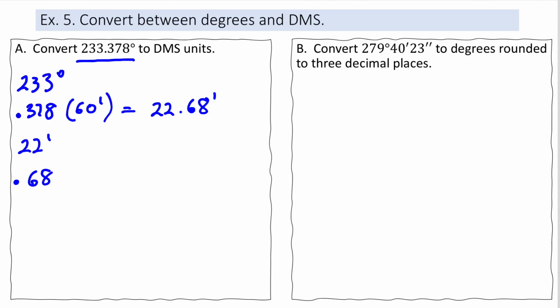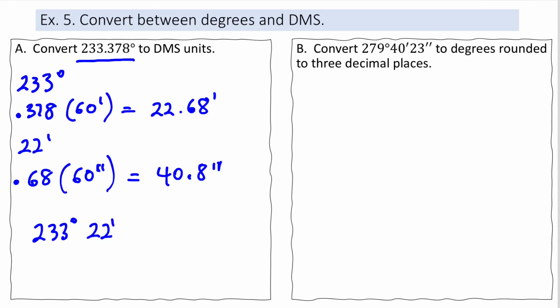So I'm going to multiply that by 60 seconds, and I'll get 40.8 seconds. Now I put it all together. I've got my D part, that's my degrees, my M, that's my whole minutes, and then 40.8, that's your seconds. So we just leave that 0.8 on there because we don't get any smaller than seconds. All right, so that's your answer.